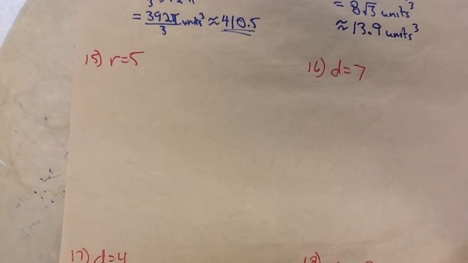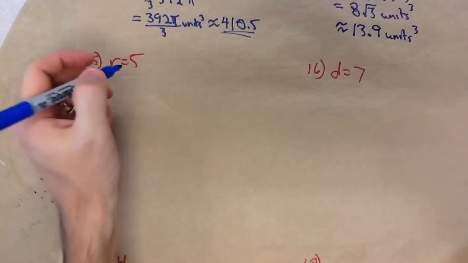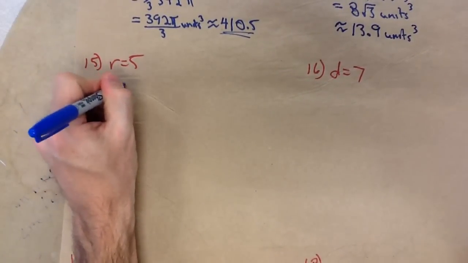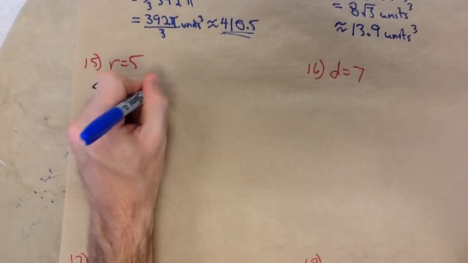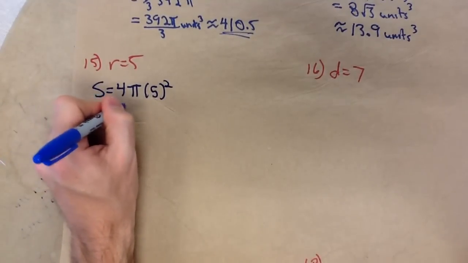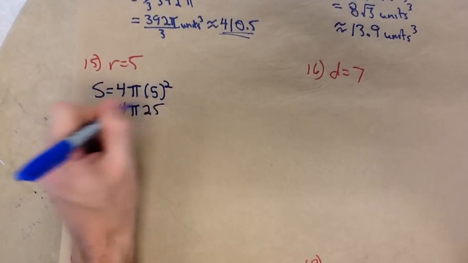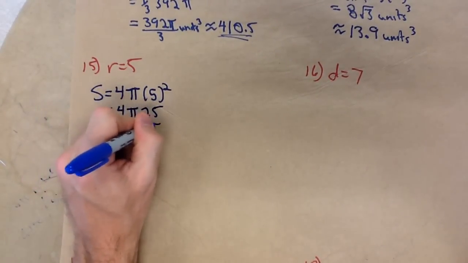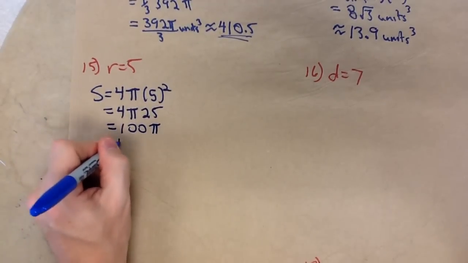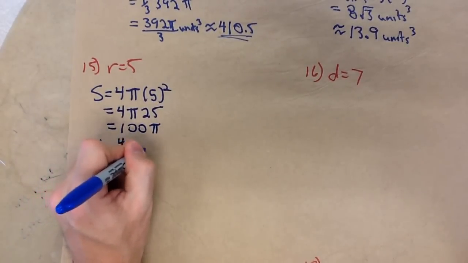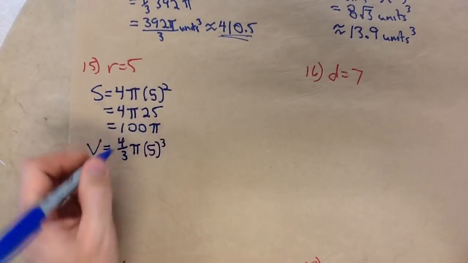For number 15, we need to find the surface area and the volume of the sphere given radius or diameter. So surface area is 4 pi times the radius squared. I have 4 pi times 25, and that is 100 pi. Volume is 4/3 pi times the radius cubed.